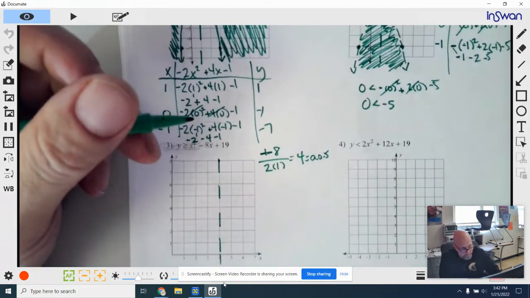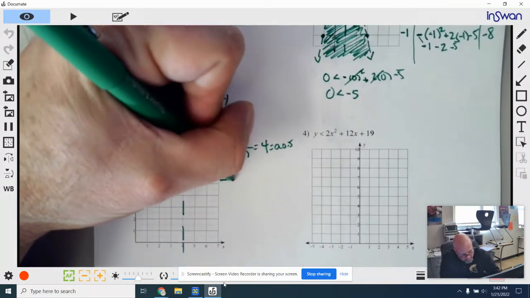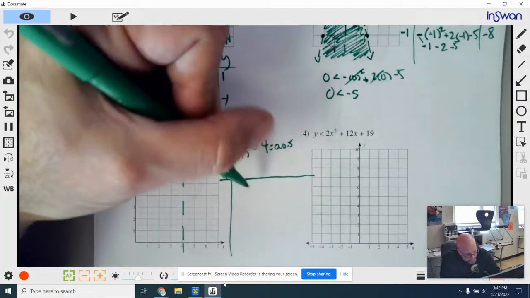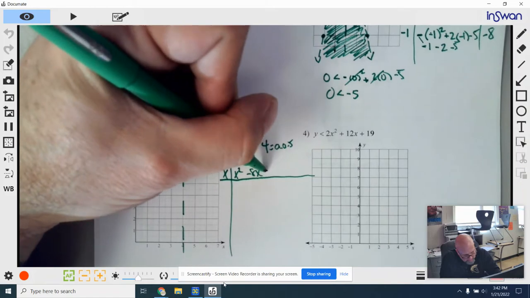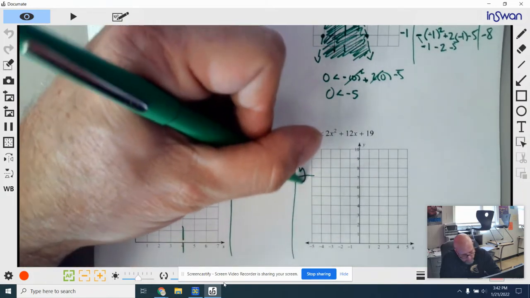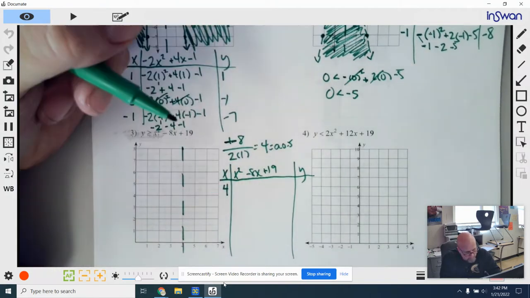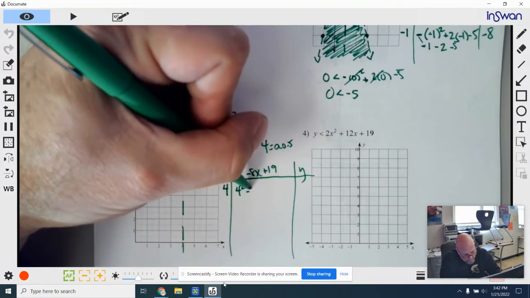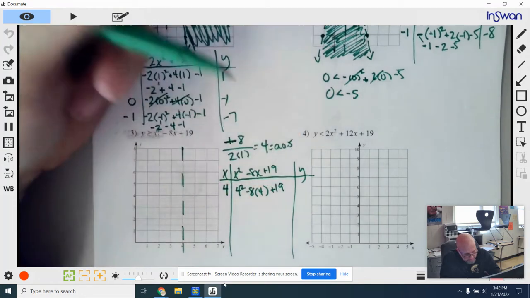Okay, now we're going to go ahead and make our XY table. So we have x squared minus 8x plus 19, and then we get our y. So I'm plugging in 4. So I have 4 squared minus 8 times 4 plus 19.